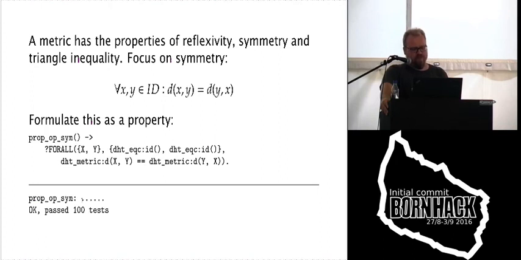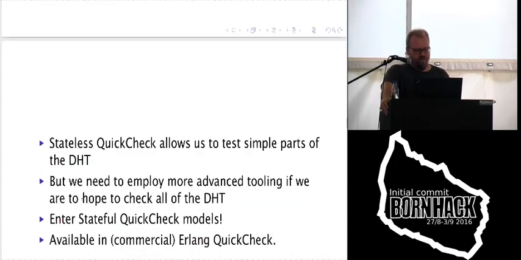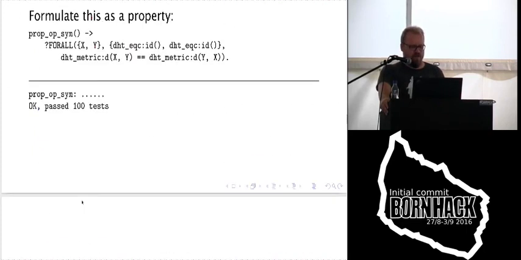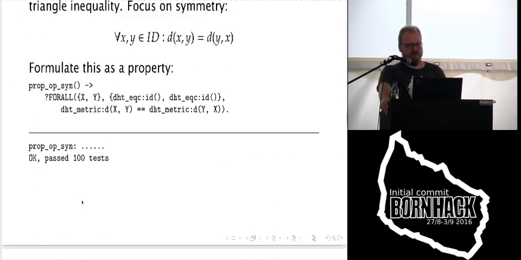But that isn't really going to cut it for a complete DHT. So stateless QuickCheck models, which is what I just showed you, are not enough. You need to employ more advanced tooling, and the more advanced tooling is called stateful QuickCheck models. In the stateless case, we always generate inputs, and we have no state between running this once and running it again.